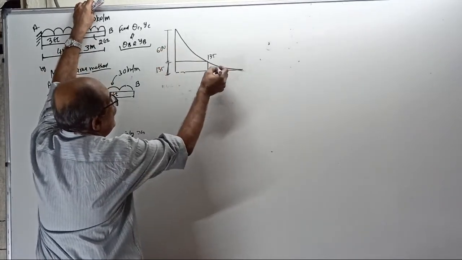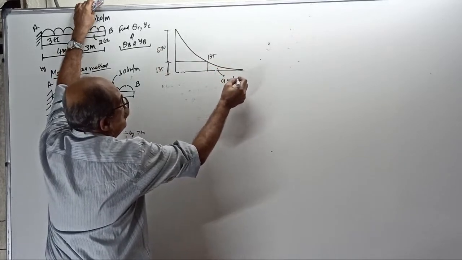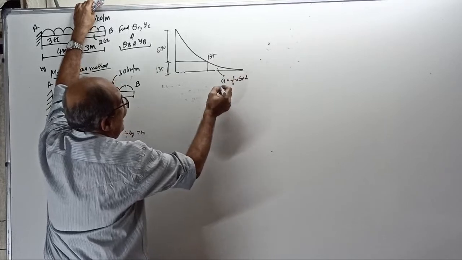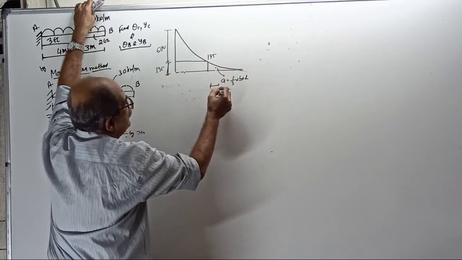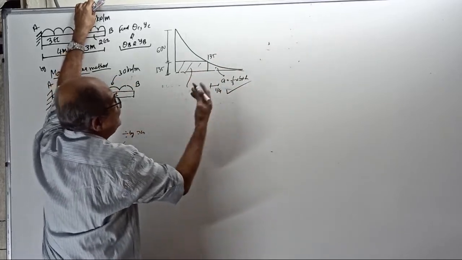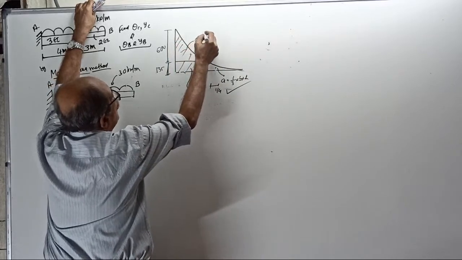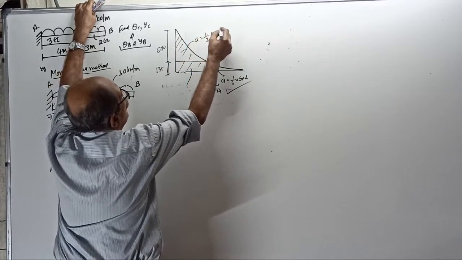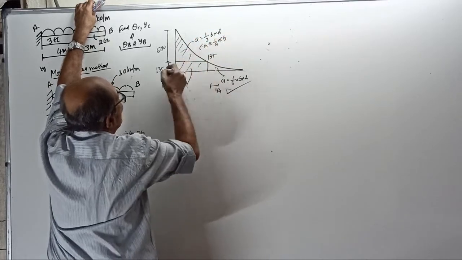And they will apply for this portion area equal to 1/3 base into height and CG at 1/4 here. Fully correct. For the rectangle they will apply area and CG, you know it. And for this one, they will write area equal to 1/3 base into height and CG at 1/4 of base from here.